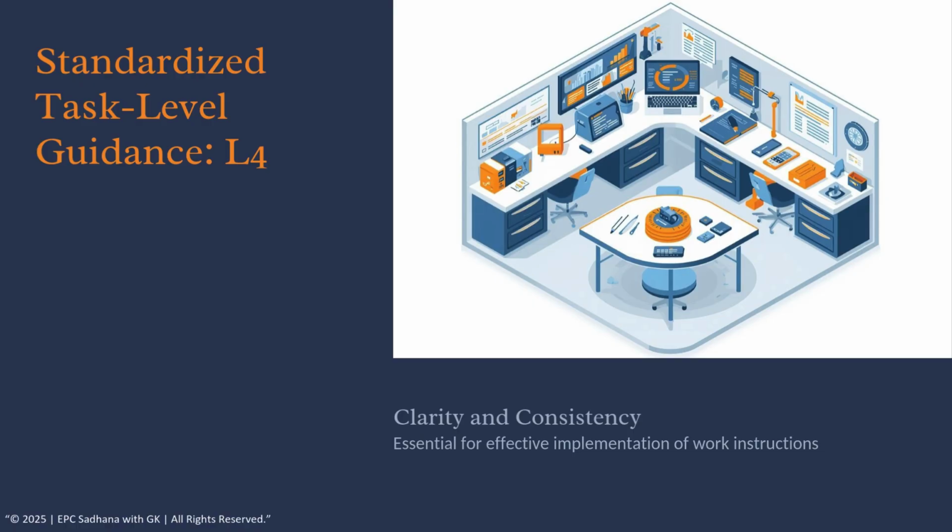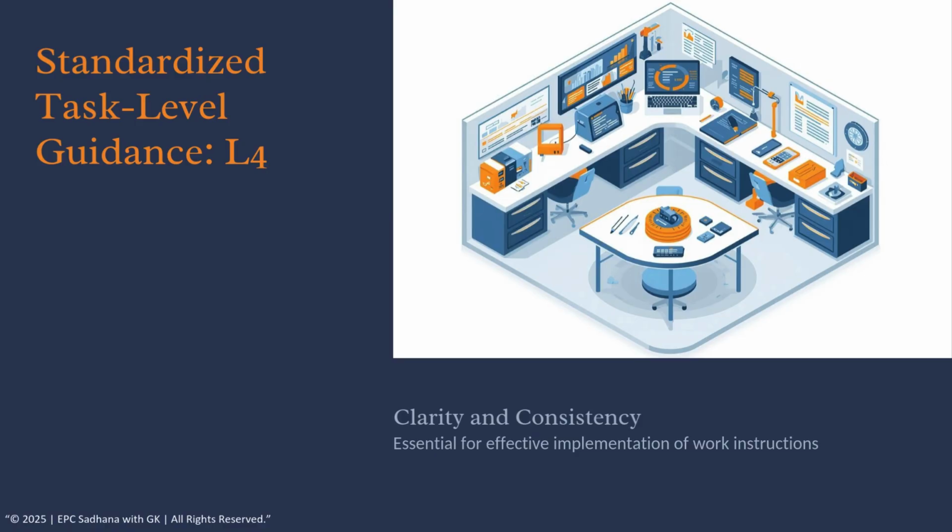Let us understand the L4 level. Activities are tasks. This is where SOPs sit. Why? Because SOPs define rules, criteria, standards, tolerances, formats, documentation requirements. These apply at the activity level, not at the sub-process or process level.